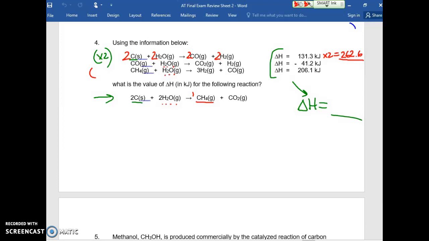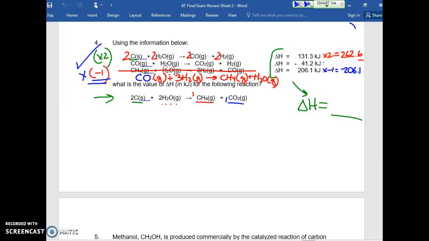I got to switch the reaction around. Bang! When I reverse the reaction, mathematically, reversal is like multiplying by -1, so I multiply this by -1. The last thing I notice is I have to have CO2 on the product side, just one of them, which I do, my friends. So that means we keep this one fine.